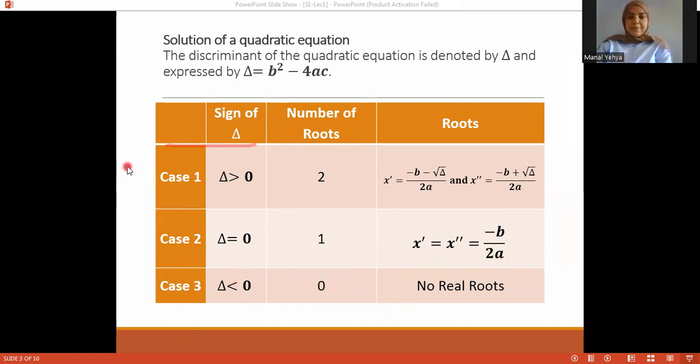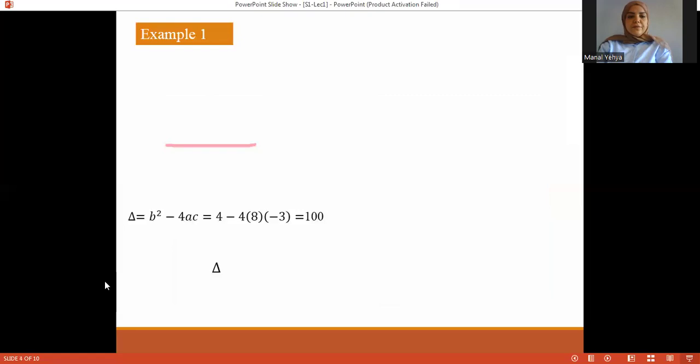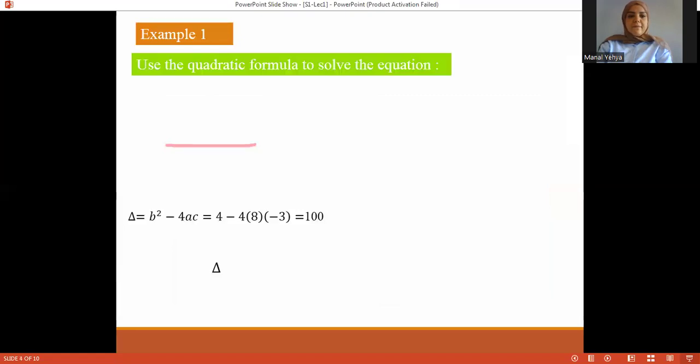Let us take an example. The first example is 8x squared plus 2x minus 3. This is an equation, and we need to solve it.